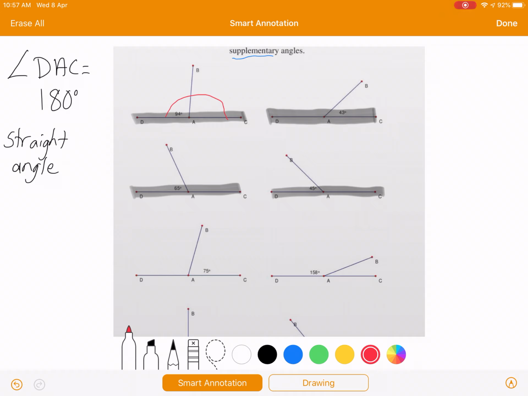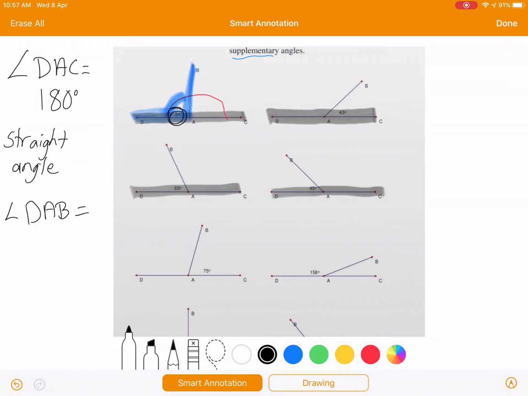Now what I want to do is direct your attention to angle DAB. This time, we're only going to look at this angle right here. We can say that this angle DAB is equal to how much?